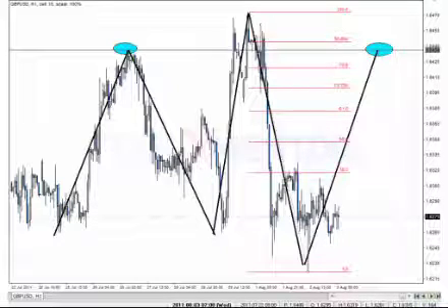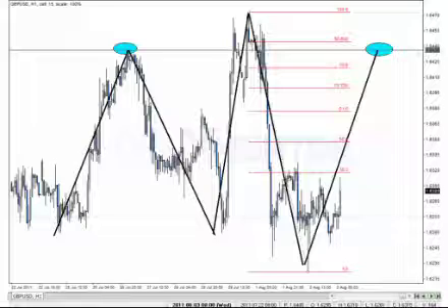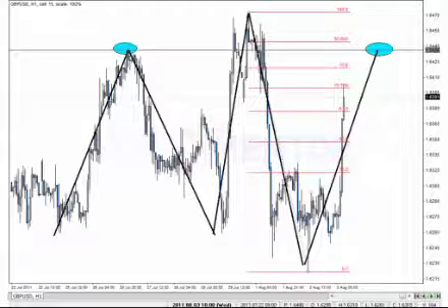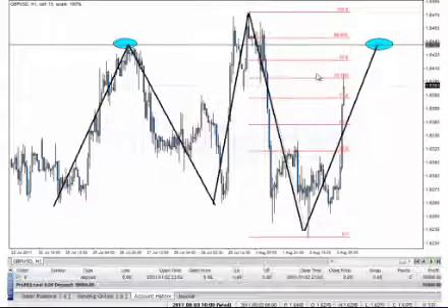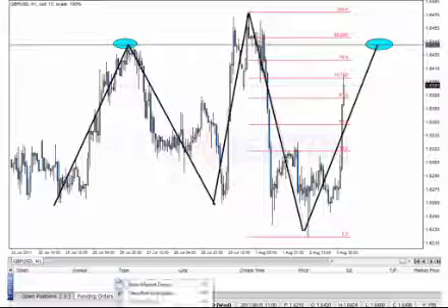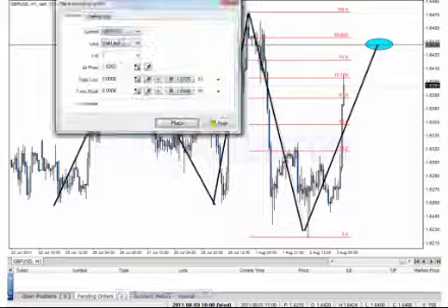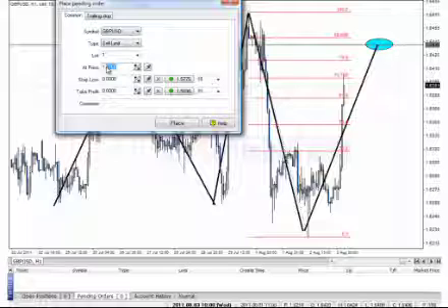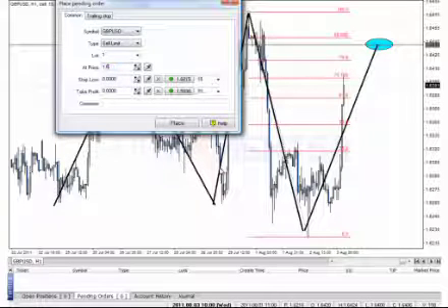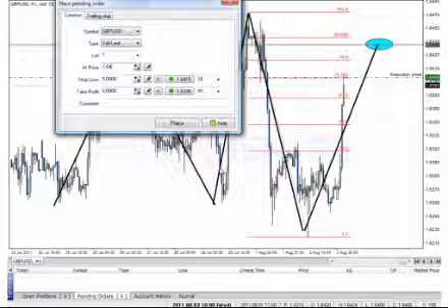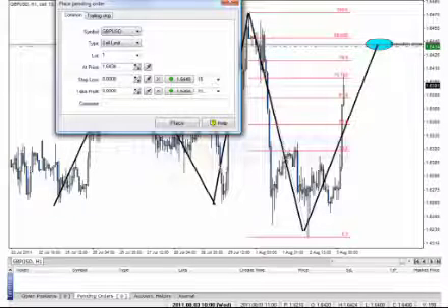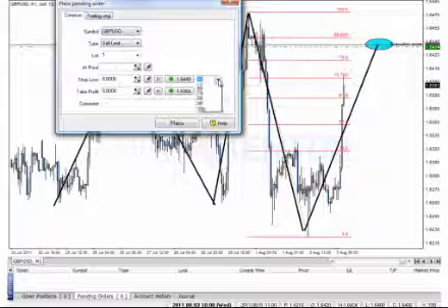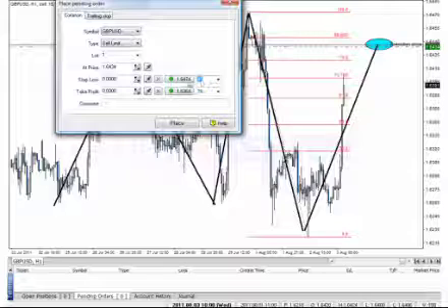So let's follow price along. You want to get our order in before price gets there. Sell limit at 64.30, let's call it 34, and I'll put a 40 pip stop.